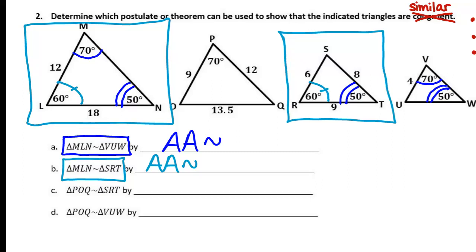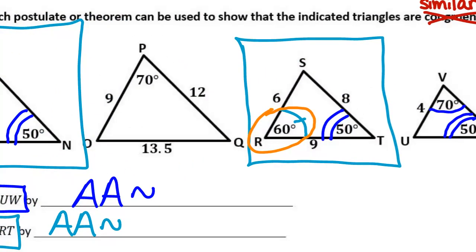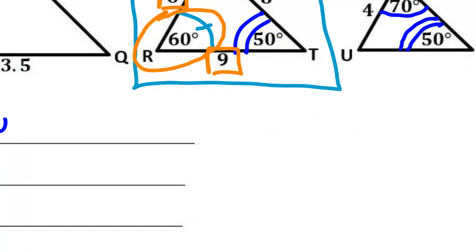Should we use the 50 or 60 degree angle? 60 degree angle, because I have 12 and 18 on either side here. 60 degree angle here. That would match up with which two pieces? 6 and 9. So let's check to see if the sides are proportional.